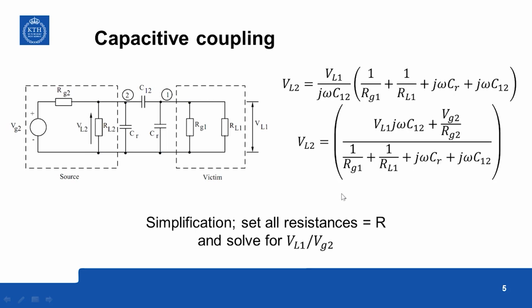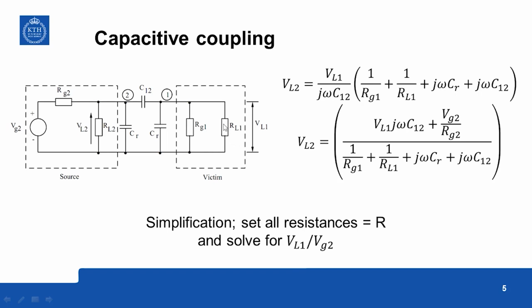Now our aim is to find certain inferences that we can get regarding the character of capacitive coupling. To simplify the analysis, we assume that all these resistors have the same value.